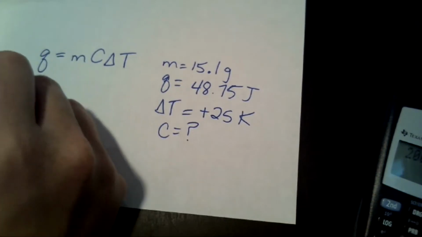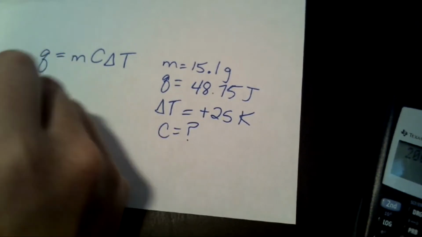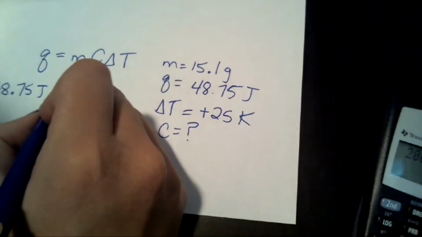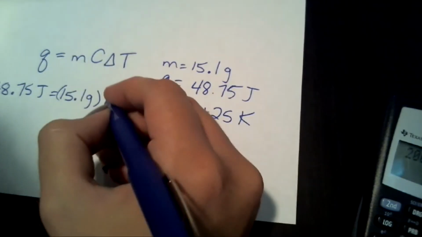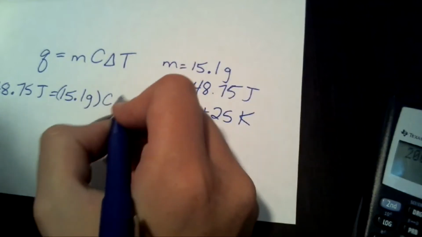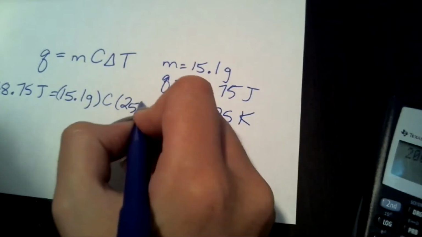Q, 48.75 joules, is equal to 15.1 grams. C is what they want to know, and the delta T they told me is 25 Kelvin.